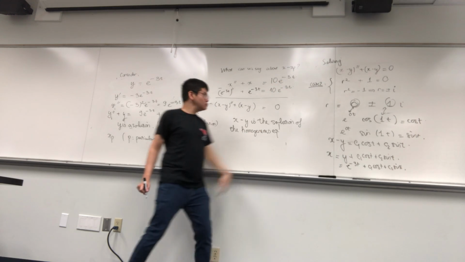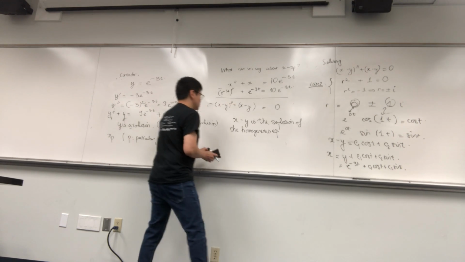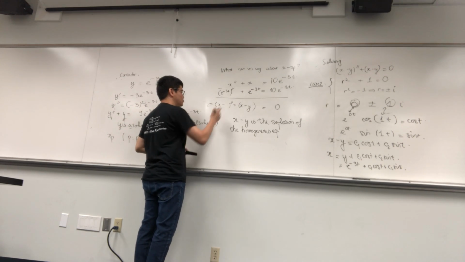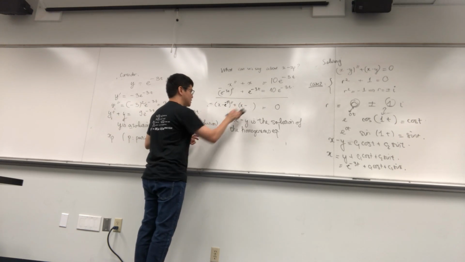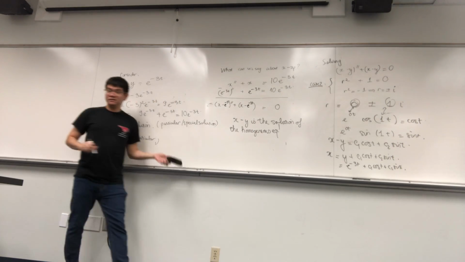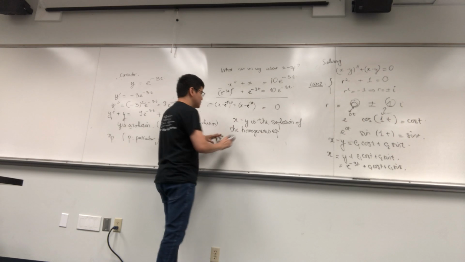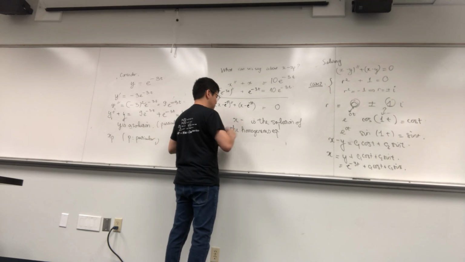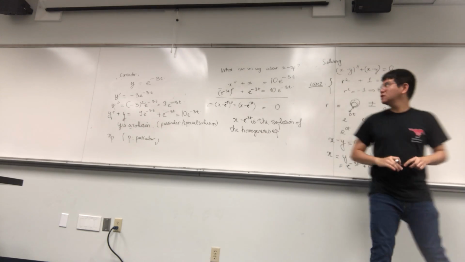I subtract the two. When I subtract the two, I have x minus exponential of minus 3t plus x minus exponential of minus 3t, with second derivative, equal to 0, right? Meaning that x minus exponential of minus 3t is the solution of the homogeneous equation.